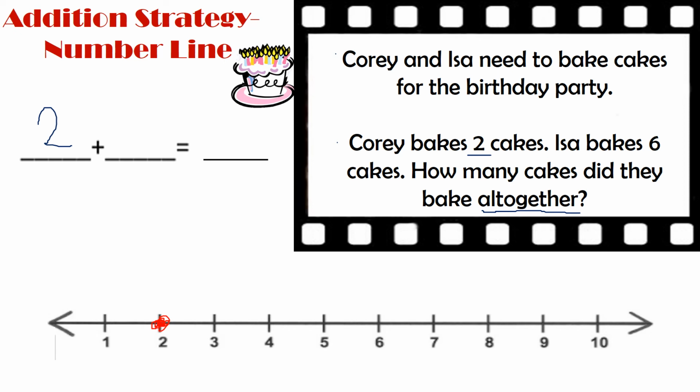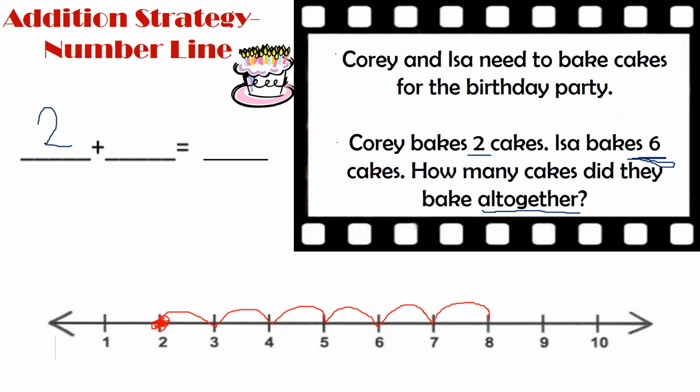Let's go back up to our word problem, and we see that Issa bakes 6 cakes. So I need to add that 6 onto my 2. So I'm starting at the 2, and I'm going to add 6 more. That means I'm going to go forward 6. Let's count those together. 1, 2, 3, 4, 5, and 6.